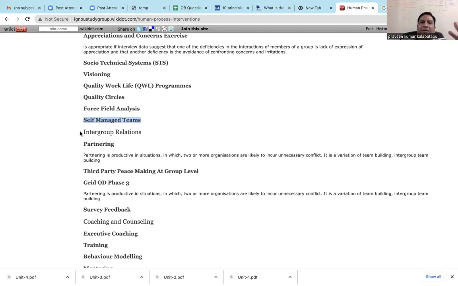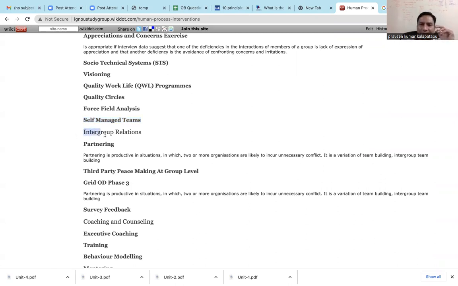In the general model of a self-managing team, the team task design, interventions, and organization support systems all go through the team functioning, the team goes through the performance, and members are satisfied in doing whatever they are supposed to do. So every organization wants every team to be self-managed.